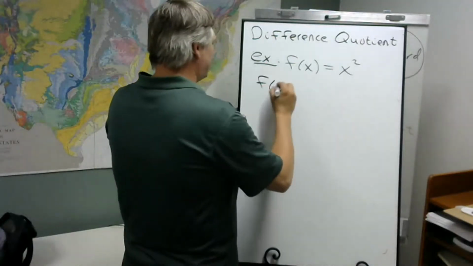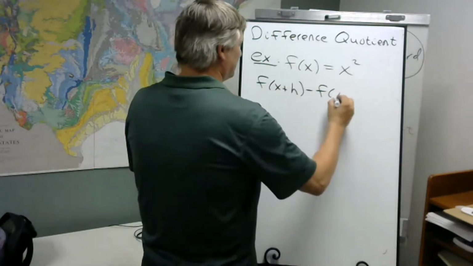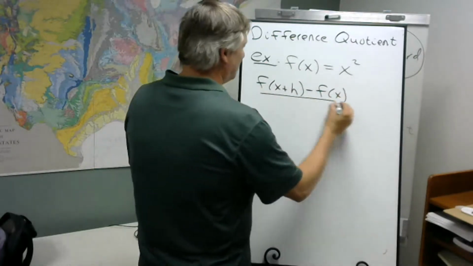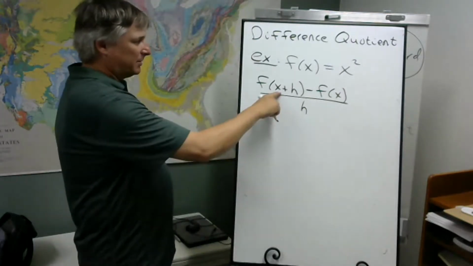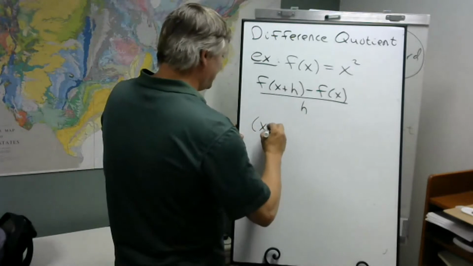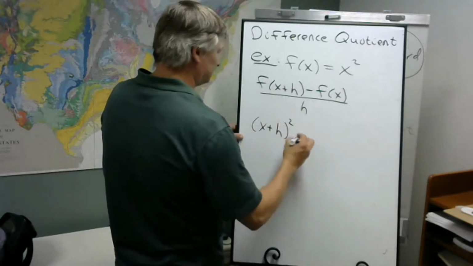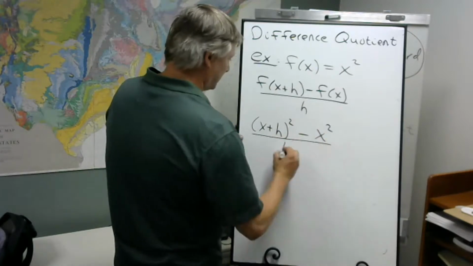So again, you have f of x plus h minus f of x over h. So for this, we're going to replace x with x plus h. So you have x plus h squared minus f of x, which is still x squared, over h.